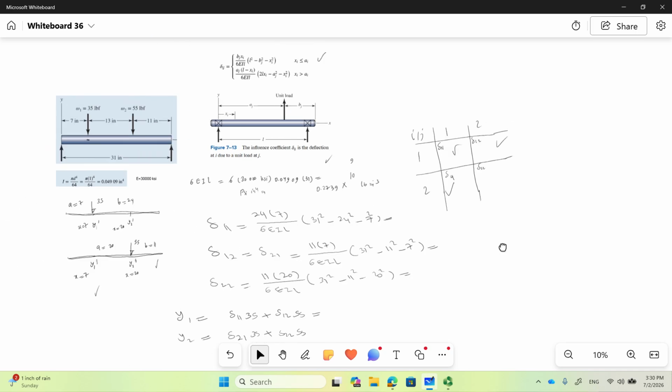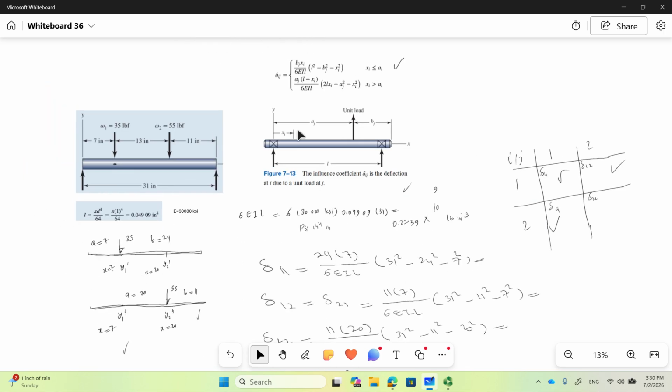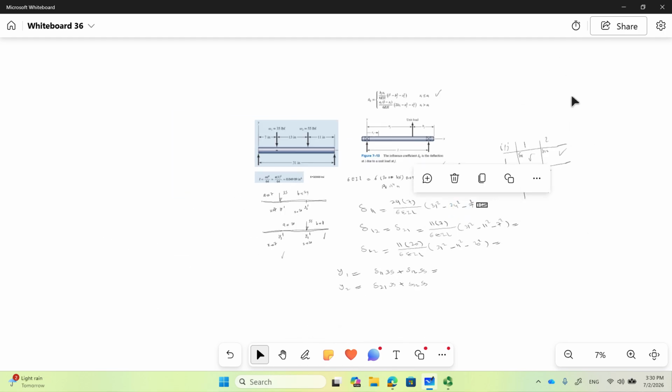Alright, so this is how the influence coefficient method works. Again, it is nothing but superposition, the same thing. It's just a systematic way of using superposition. Alright, I hope you guys found this video useful.